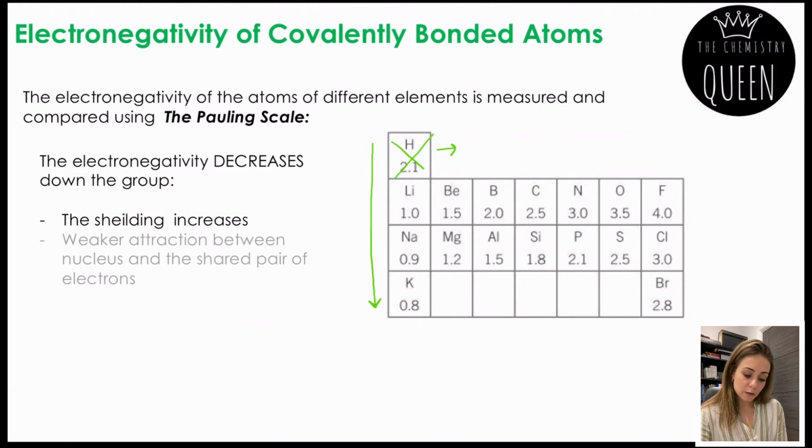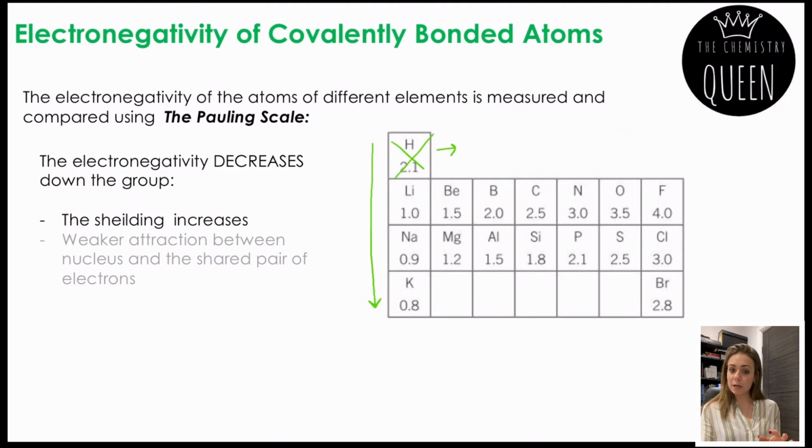As we go across a period, we can see that the electronegativity increases. So as we go across period 2 from lithium to fluorine, the Pauling value is increasing. Reasons for this then are the nuclear charge is increasing, so the number of protons is increasing as we go across, and the atomic radius is decreasing, so the atoms are getting slightly smaller as we go from group to group.